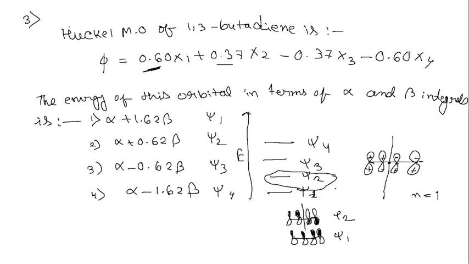It will be psi 2. Psi 1 has no node, psi 2 has one node, psi 3 has two nodes, and psi 4 has three nodes. Node 0, node 1, node 2, node 3. Here we are getting only one node, so the answer will be psi 2.